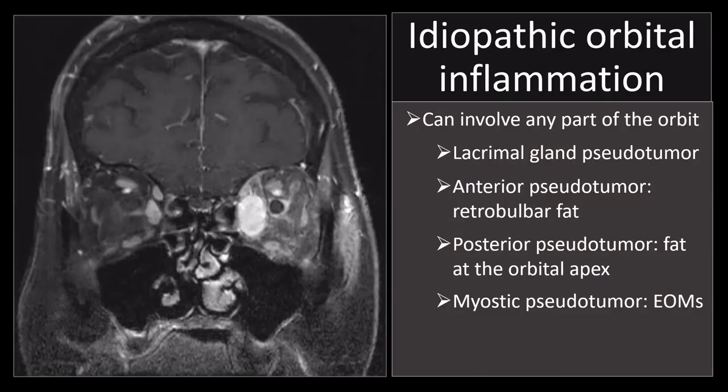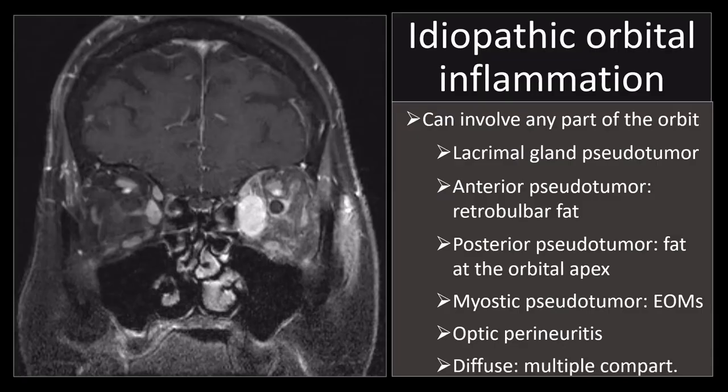It can be found in the extraocular muscles, causing myositis, and this is the most frequent manifestation, but can also involve the optic nerve sheath, causing an optic perineuritis. So all in all, several manifestations are possible, and several of these can be seen in the same patient, causing diffuse idiopathic orbital inflammation.